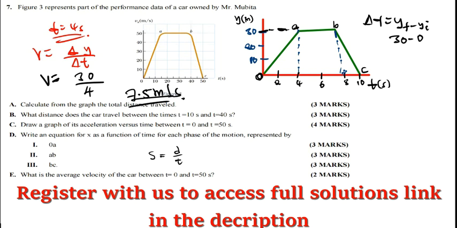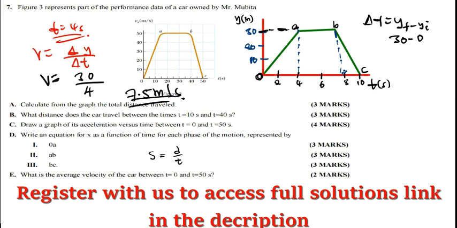Now, as you are resting there, what is happening is the time is going. You might wait in Kabwe for maybe 30 minutes. Time is going, but the distance is not going. It's not moving. So you are not moving, the distance is constant, it is still at 30 meters.